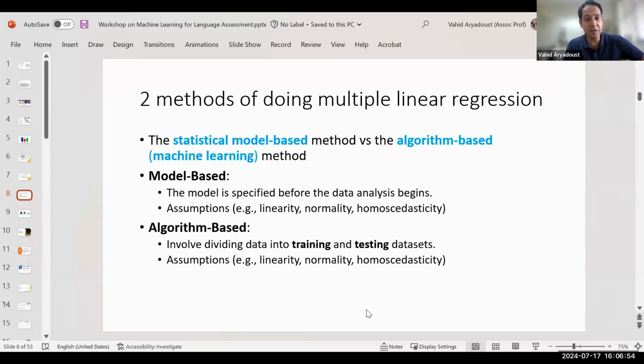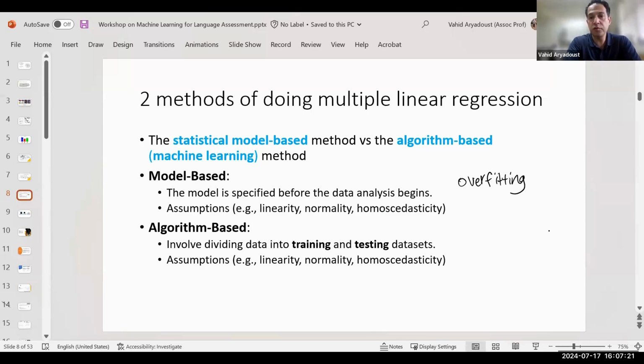I don't mean that statistical model-based regression analysis is wrong. No, not at all. That's not what I mean. One of the limitations of this statistical model-based approach, which I have explained just before, is overfitting. I write this down here. Overfitting.